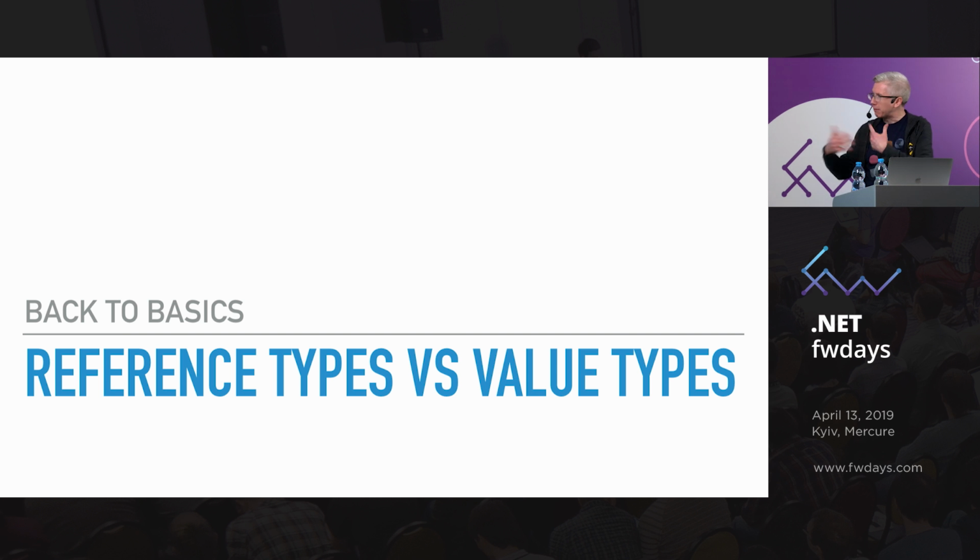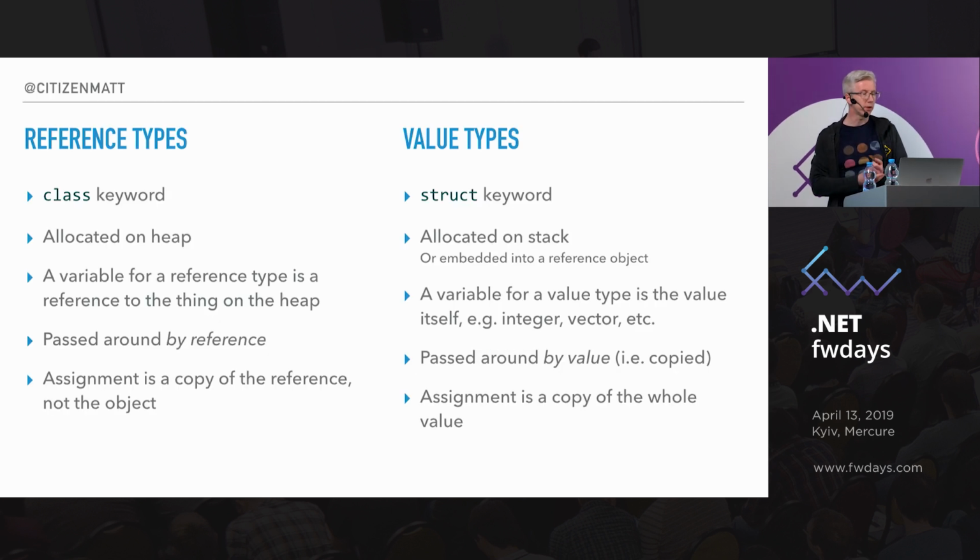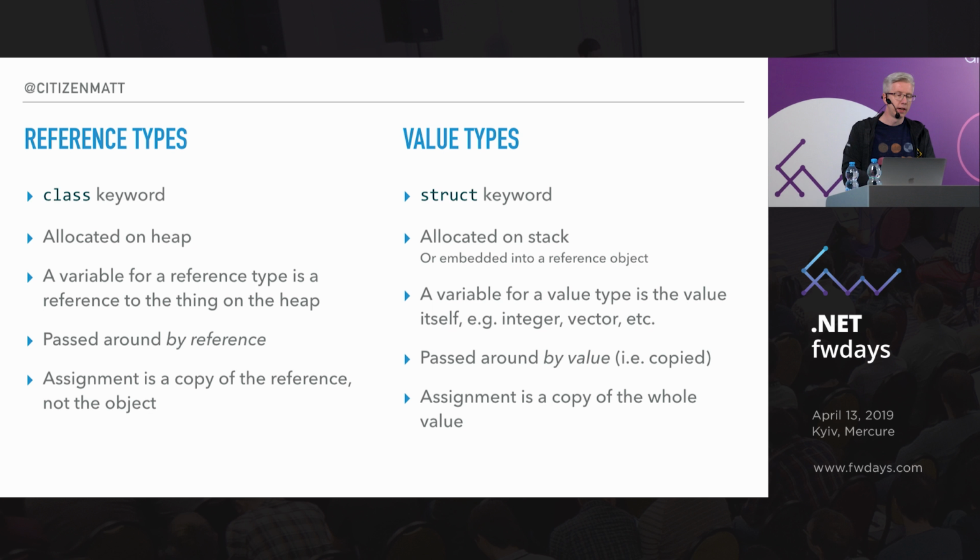But let's step back a little bit here. I've been talking about reference types and value types, so let's refresh our memories of what these mean. A reference type is the class keyword; a value type is the struct keyword. We're all familiar with this. Reference types are allocated on the heap, whereas value types are allocated on the stack.